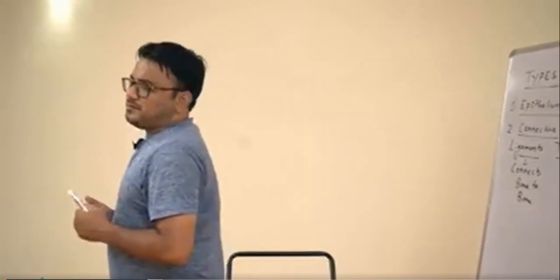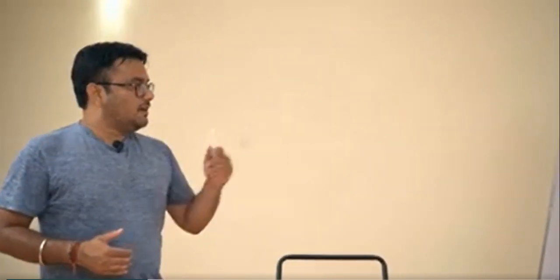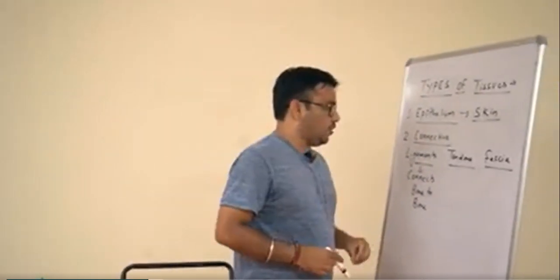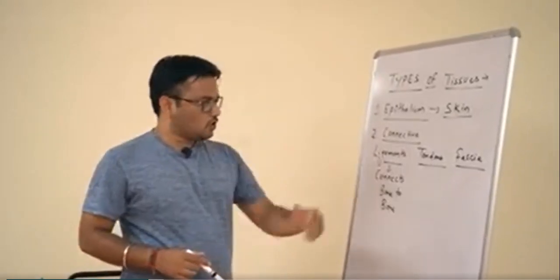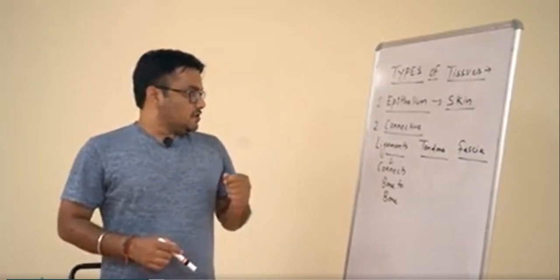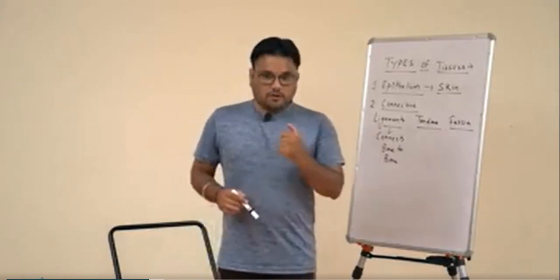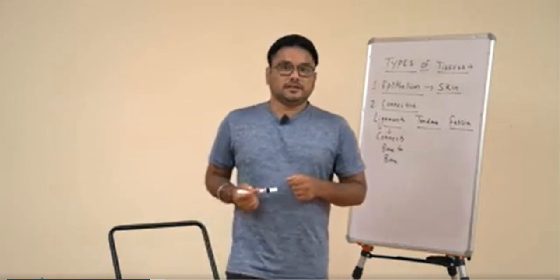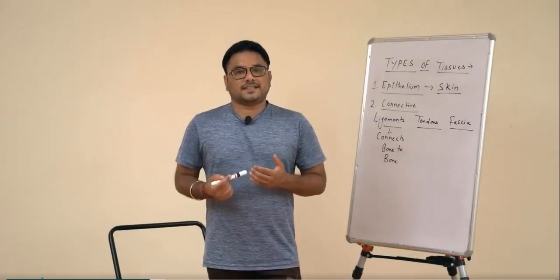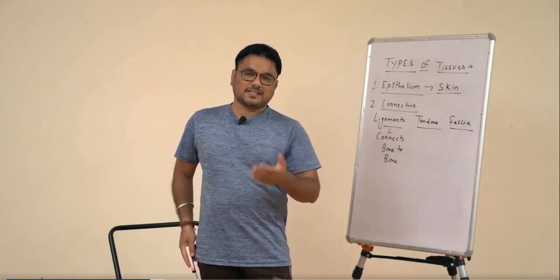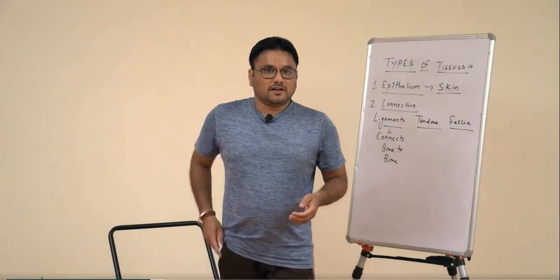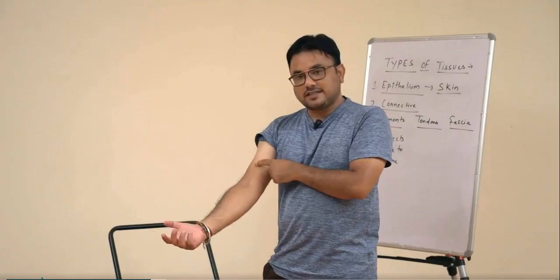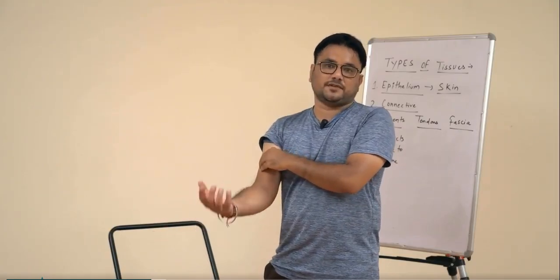The next structure is tendons. We have so many tendons in our body. A tendon is responsible for mobility. A simple example of a tendon: which muscle is this one? Everybody knows, biceps.